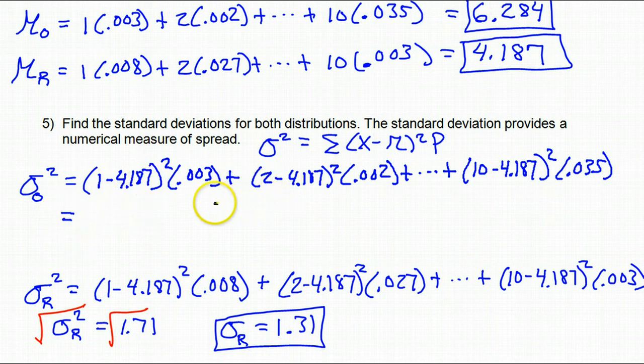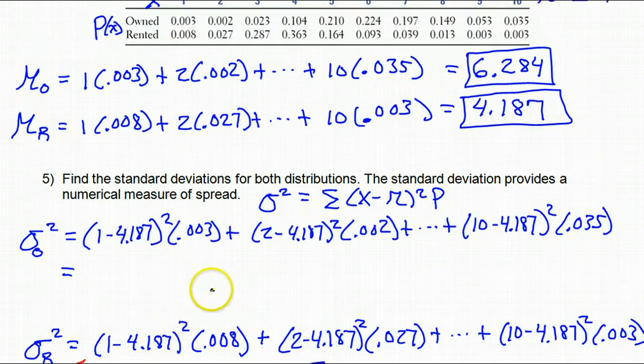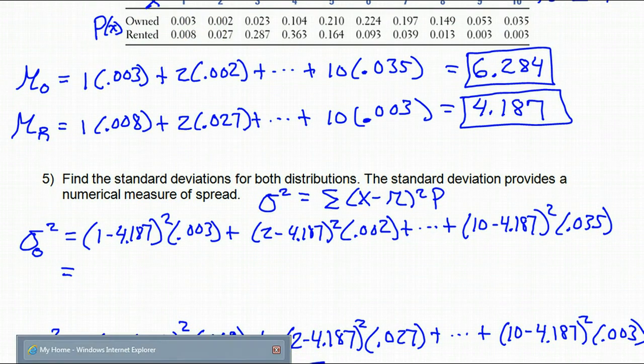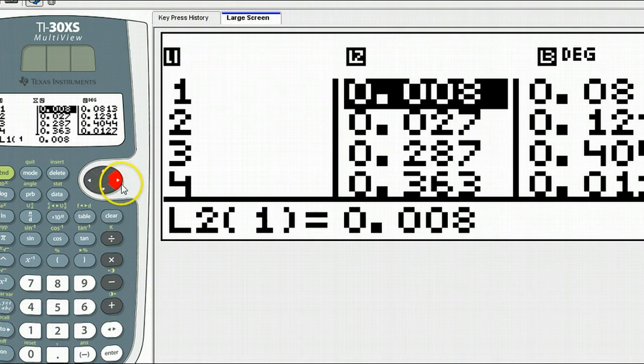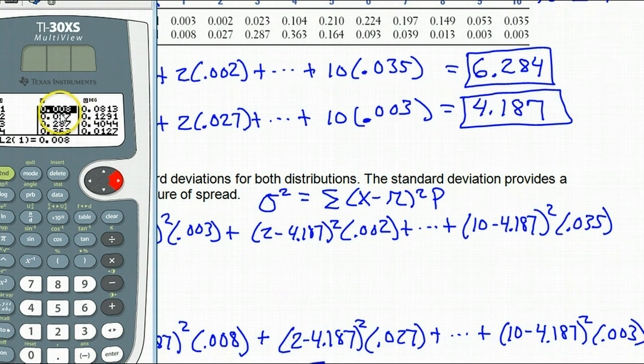Going back to the calculator, I have to put the probabilities back in that were just in there before, but I erased them because I didn't know I was going to have to come back to it. It might be best just to type over the probabilities, because if you try to clear the list, it causes different kinds of errors.